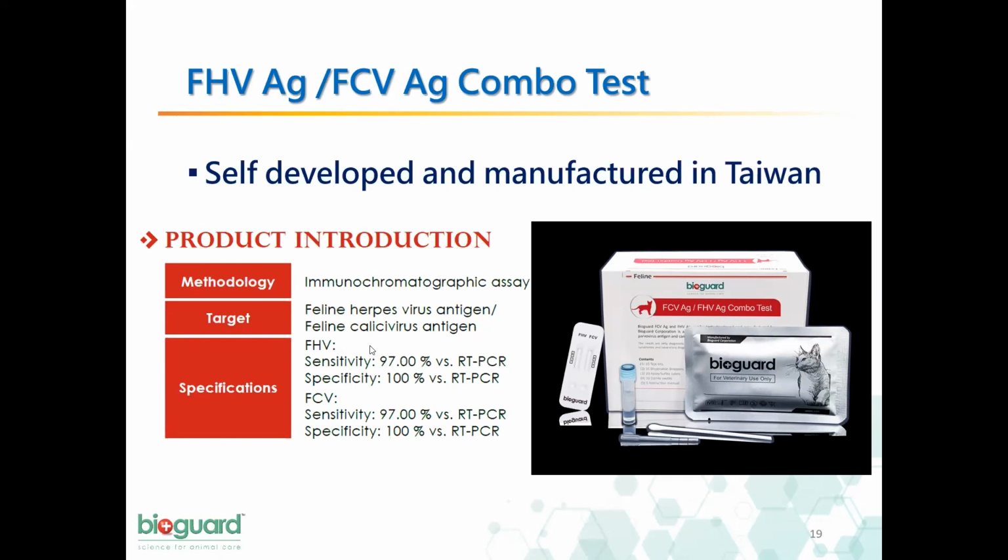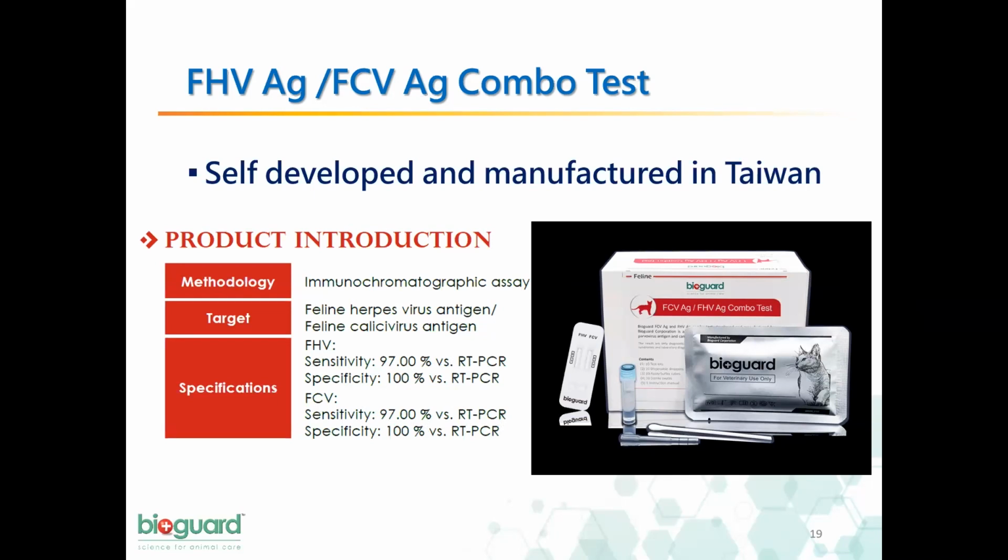This test can also be commercialized by our company, and all our clients can purchase these kits. As you can see, the sensitivity and specificity of these tests is 97 to 100% for feline herpes virus, and for feline calicivirus it also falls in the range of 97 to 100% when compared to the gold standard tests such as RT-PCR. So this test can also show a very reliable result in a fast and accurate way.